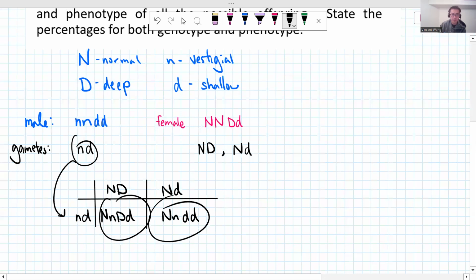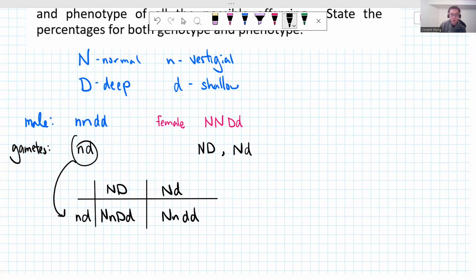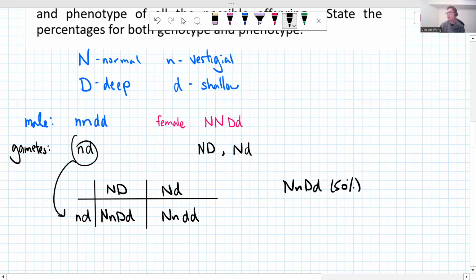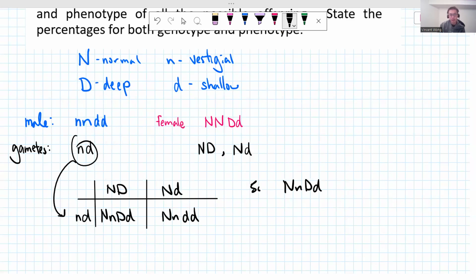Two boxes. So one out of the two boxes is big N, big D, small d. That's 50%, because it's 1 out of 2, right? We can say 50% here.